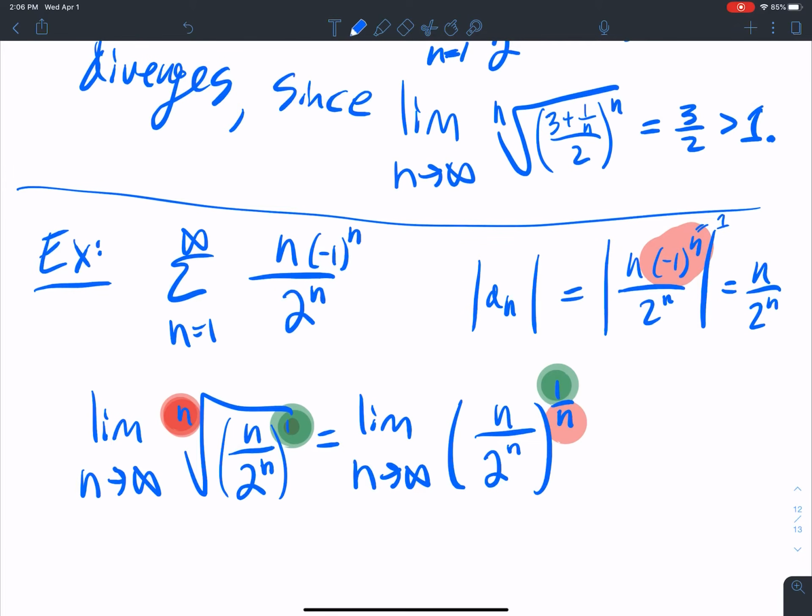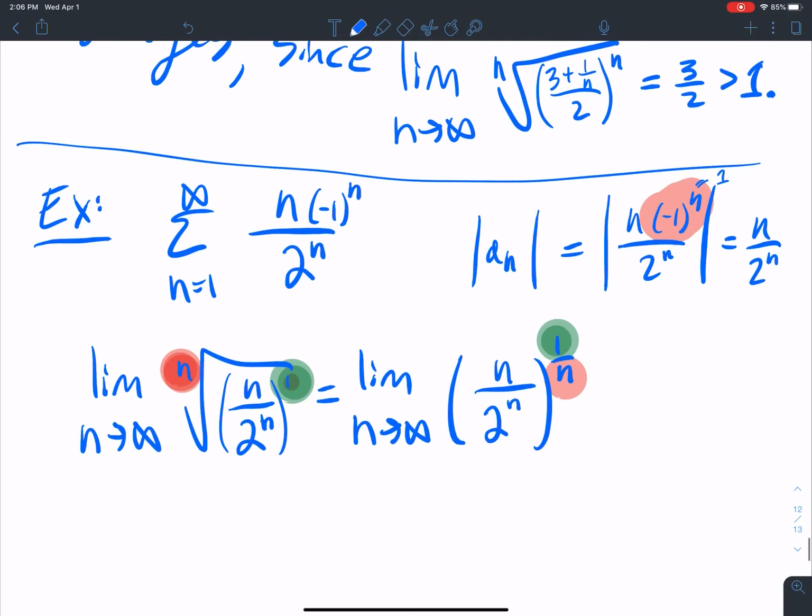So this thing right here, what's going to happen? Well, when I use my power exponent rules, I get n to the 1 over n divided by 2 to the n raised to the 1 over n.